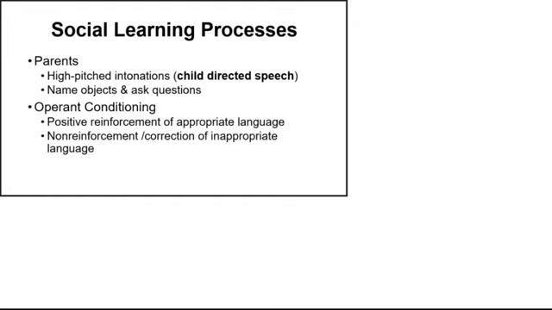So we get non-reinforcement or correction of inappropriate language. So that sounds an awful lot like differential reinforcement, reinforcing the right thing and not reinforcing the wrong thing, and also maybe a little bit of shaping, getting them to do the right behavior over time. So it kind of makes sense that, yeah, operant conditioning might have a role in learning.